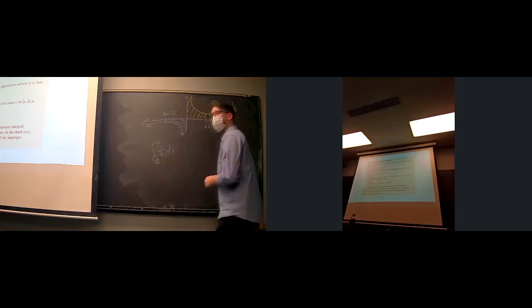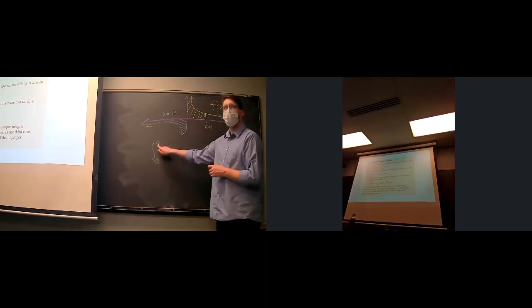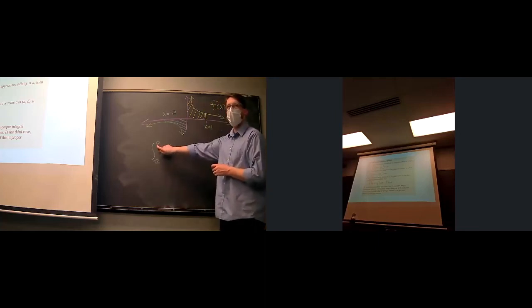Then in the first case, our integral would look something like this, right? But our function doesn't exist at 0. So we have to consider it in terms of the limit.